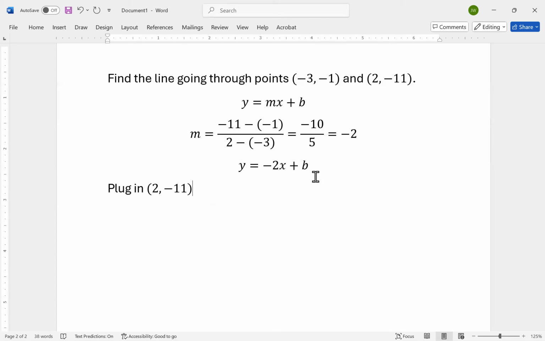I'll plug in the point 2, -11 and do it that way. Remember, -11 is the y value, so I get -11 is equal to -2 multiplied times +2 plus b. So -11 is equal to -4 plus b. Adding 4 to both sides gives me a b of -7.